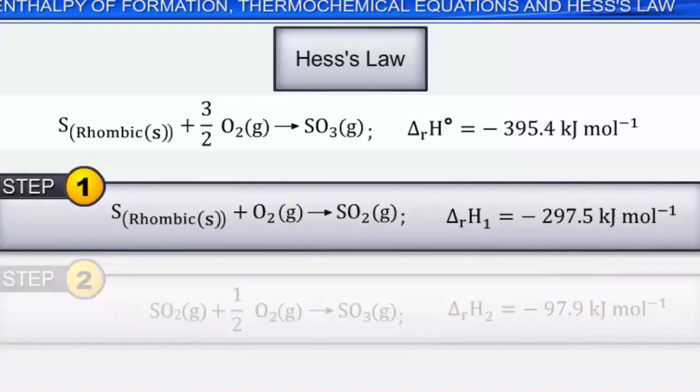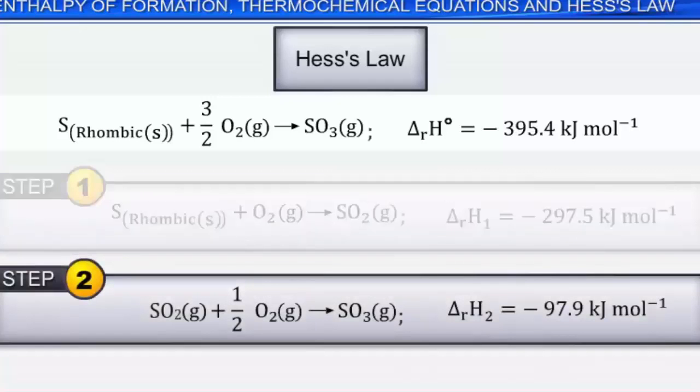sulfur reacts with oxygen to form sulfur dioxide. The heat evolved during the chemical equation is minus 297.5 kilojoules per mole. In the second step, sulfur dioxide reacts with oxygen to form sulfur trioxide.